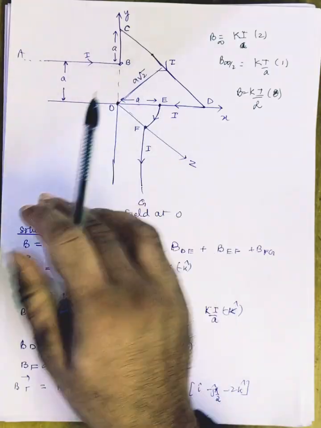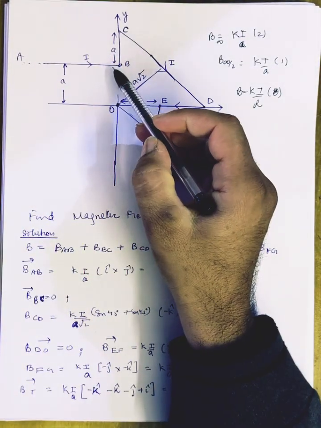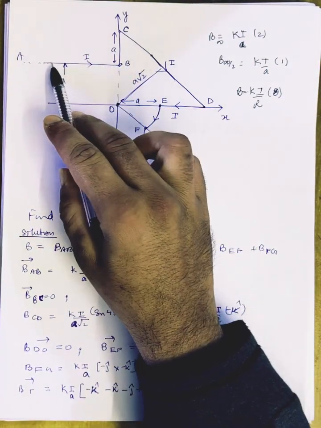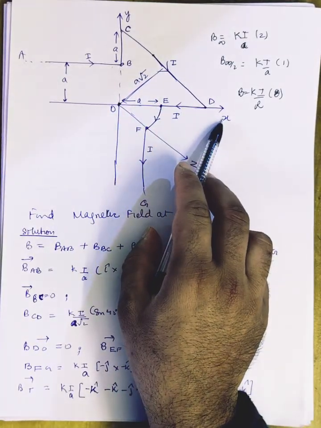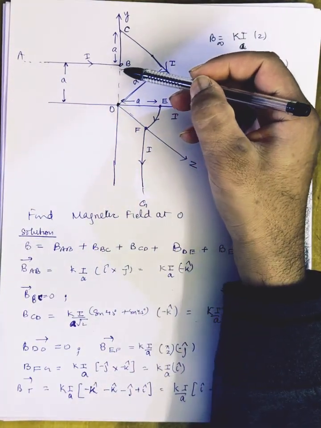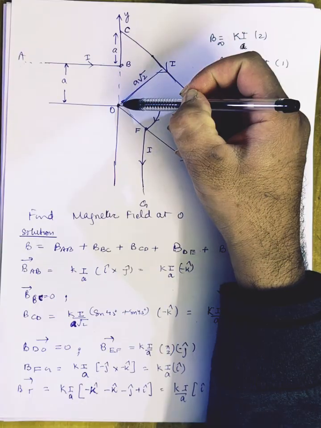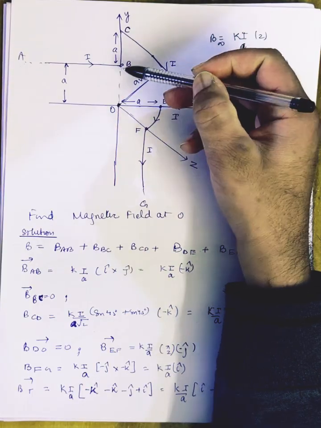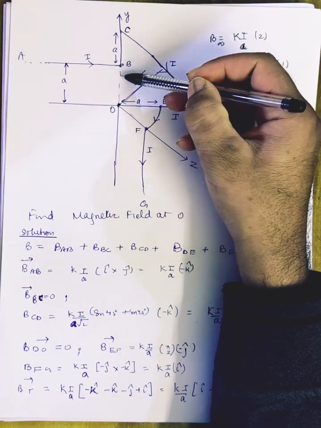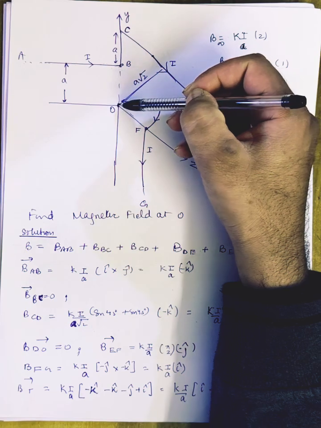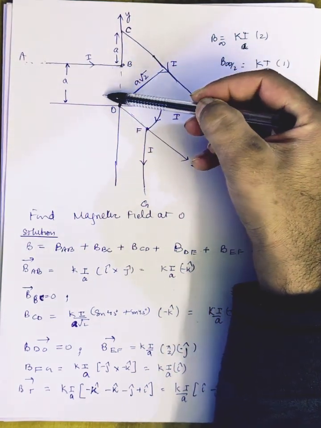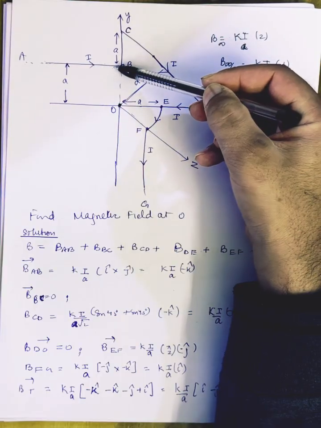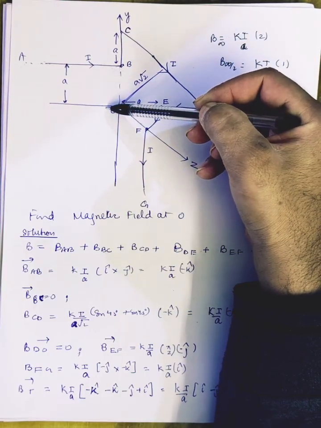I will be using the cross product to get the direction easily without any confusion. This wire is towards the right side, which is i cap according to the diagram given, and the position vector of the point where you have to find the magnetic field is taken from the wire. So for this point O, for this AB wire, it is downwards, meaning minus j. That is what I will be using to find the magnetic field.